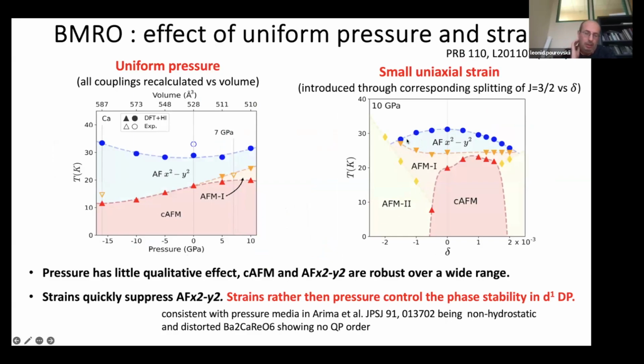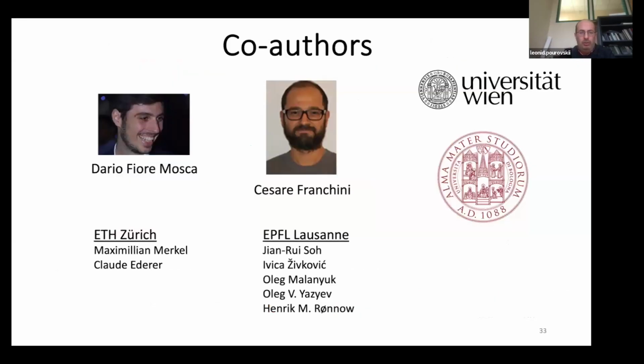So actually, our prediction is the whole effect of pressure is not in pressure itself, but in inducing some strains in the compound, which destroys antiferroic quadrupolar order. Okay, so I would just acknowledge my co-authors. First of all, Dario Fiore-Mosca, who was a postdoc in our group for 2 years, and who worked a lot on these D1 systems.